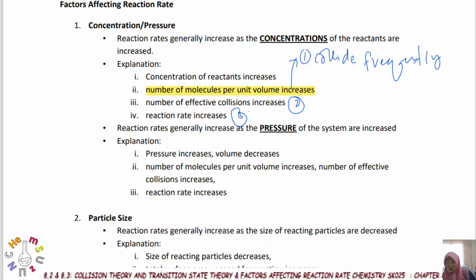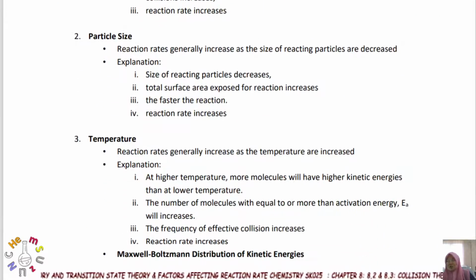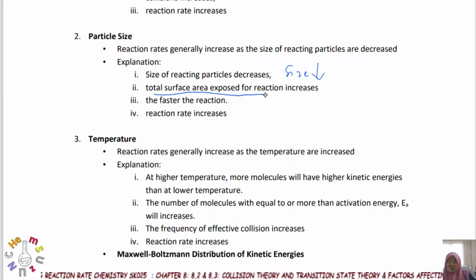Tetapi kalau bila kita faktor seterusnya, kita akan bercerita pasal size of particle. Bila cakap pasal size of particle, reaction rates generally increase as the size of the reactive particle decreases. So dalam kes kat sini, the size of particle becomes smaller, but when the size becomes smaller, the total surface area that is exposed to the reaction will be increased.